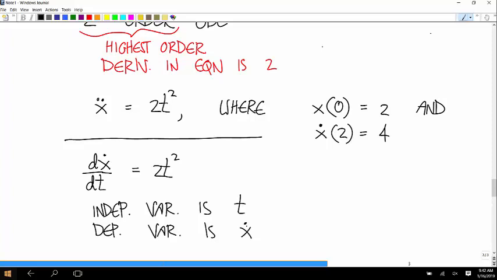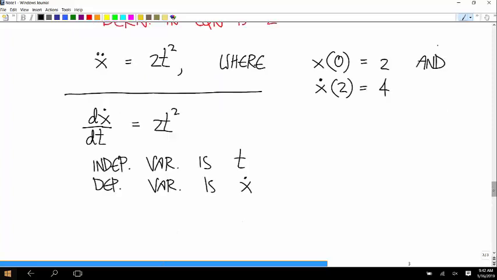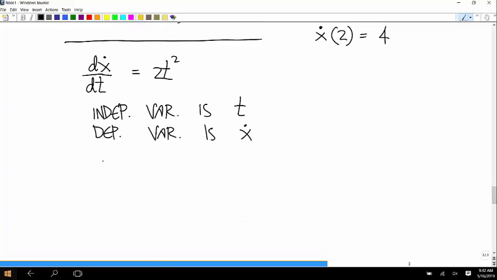This is a function of time times 1, which we can think of as a function of x dot. So we can use separation of variables. You know, separation of variables is just integration. So you can also just think of that as the fundamental theorem of calculus. And so we get dx dot is equal to 2t squared dt.